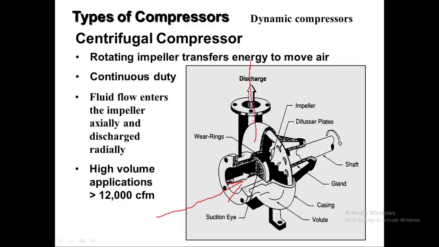This way it will come out. For high volume applications, it can give you 12,000 CFM. So it's a larger volume as compared to any positive displacement compressor.